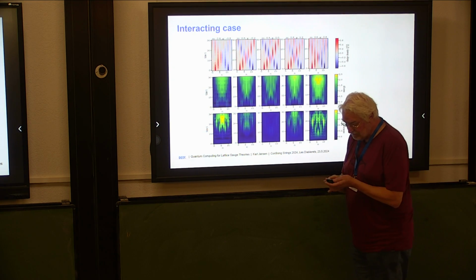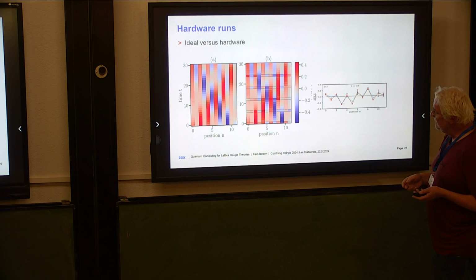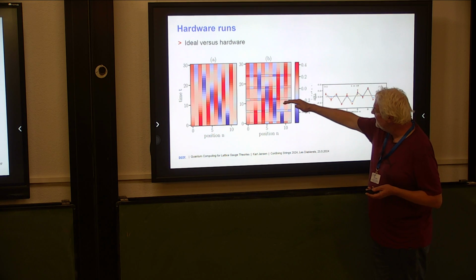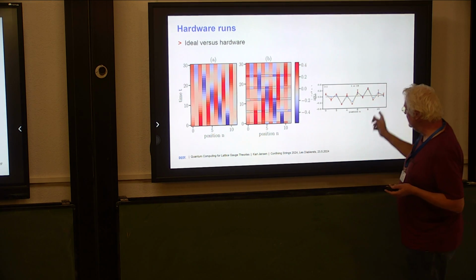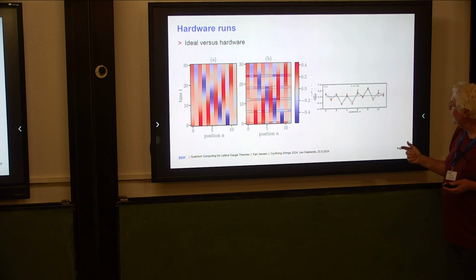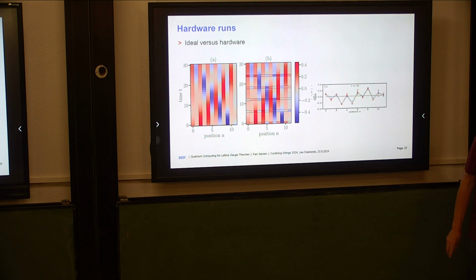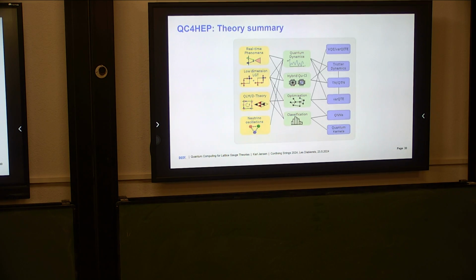We wanted to reproduce this on the quantum hardware, so we had to go to even fewer qubits, and we made time slices. In these time slices, I have forgotten which one is the exact simulation and which one is the hardware result, but you see again that you find a very good agreement between hardware results and exact simulation.